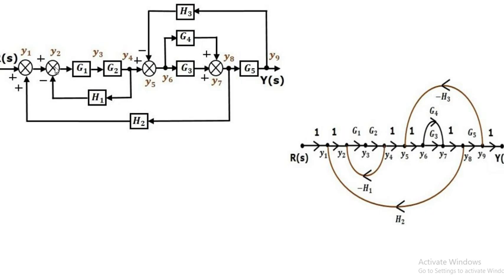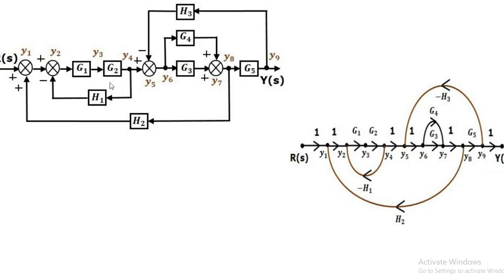For this summing point, I have taken a node as y2. Now see here, in between this G1 and G2, I have taken a y3 node, because the left side is a different part and the right side is a different part, so I have to locate one node here.